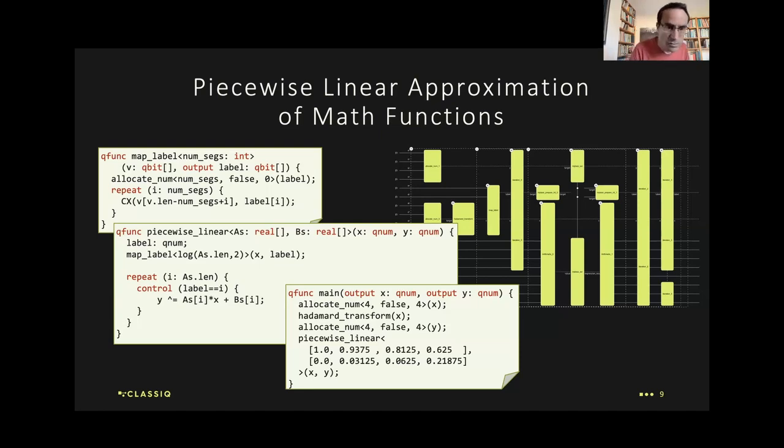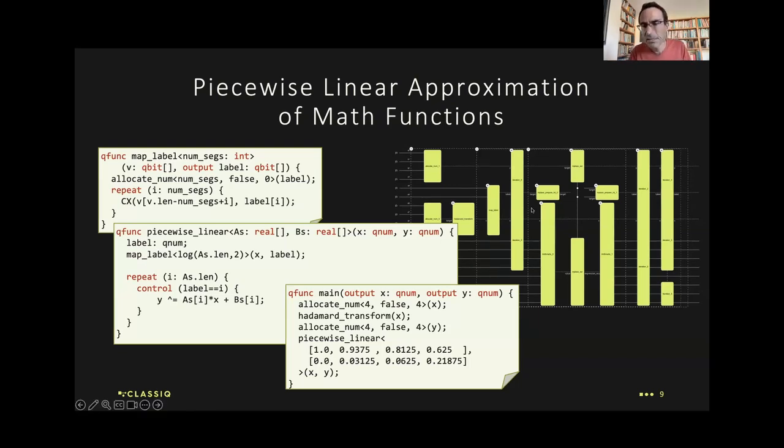And that's all it took. And it's completely general. You feed in whichever coefficients for your crazy math function, and you're getting this approximation, piecewise linear approximation for it.